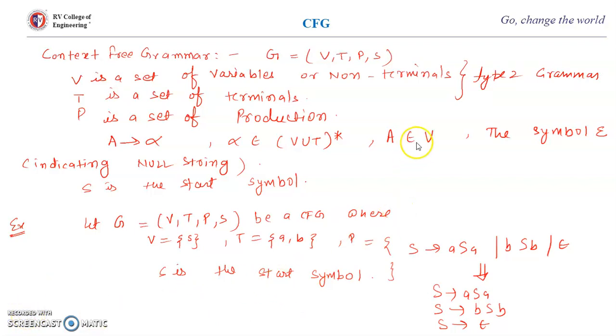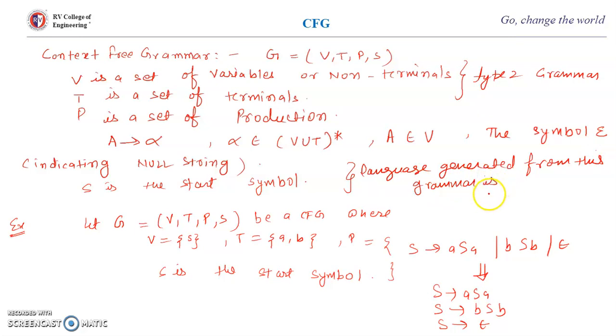So this is type 2 grammar, and the language generated from this grammar is called type 2 language, or context free language, CFL.